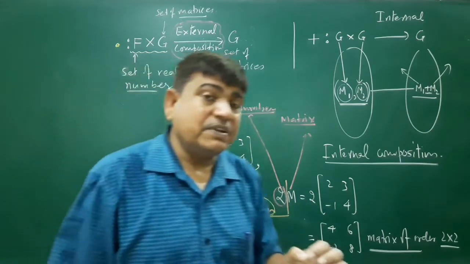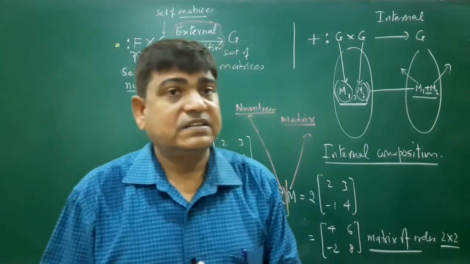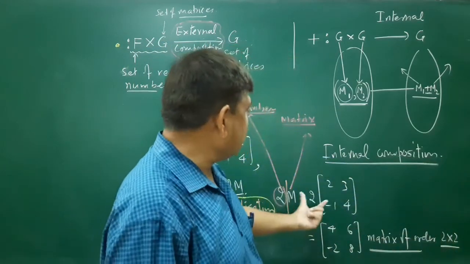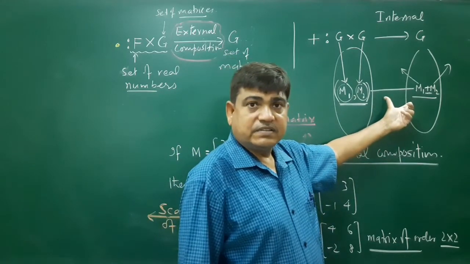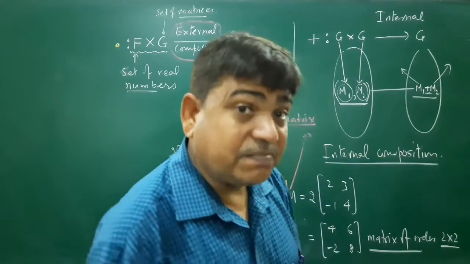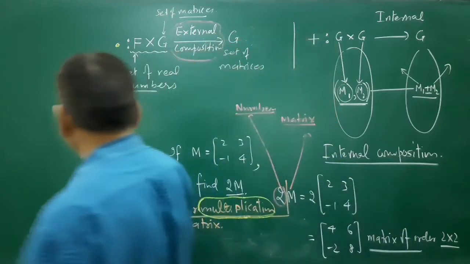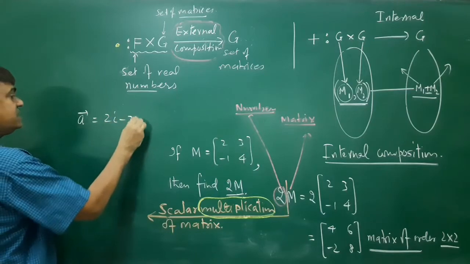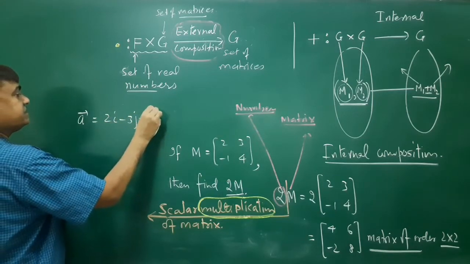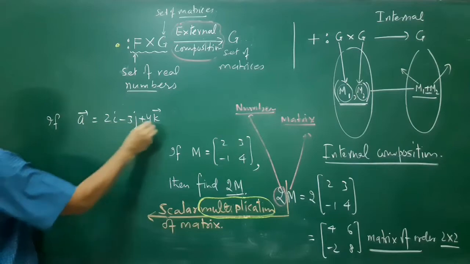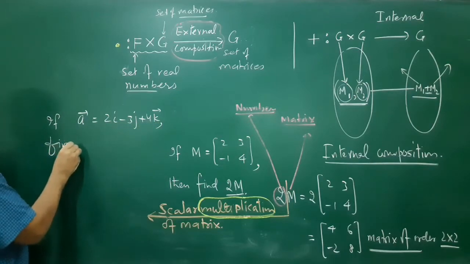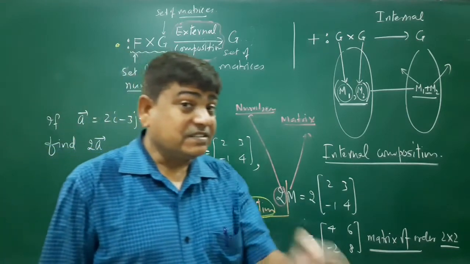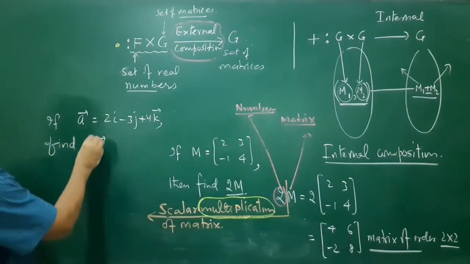The similar example is in the form of vectors. Two vectors can be added, just like two matrices can be added like this. But if we multiply a vector by a number, say suppose I write 2 times the vector 2i minus 3j plus 4k, and I say find it, it is a similar thing. Remember, there is no symbol here.